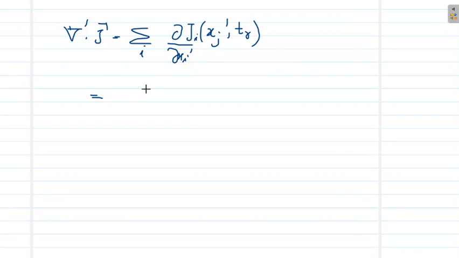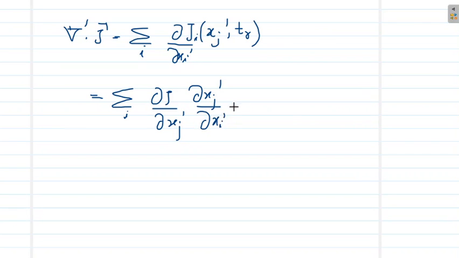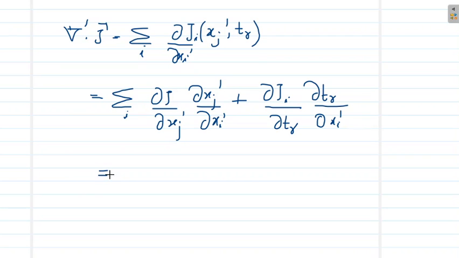So this is equal to summation over i dou ji by dou xj dash into dou xj dash by dou xi dash plus dou ji by dou tr into dou tr by dou xi dash. So this will be equal to the following term.